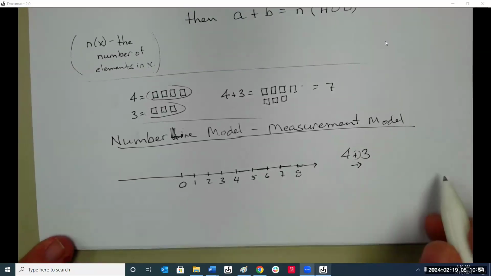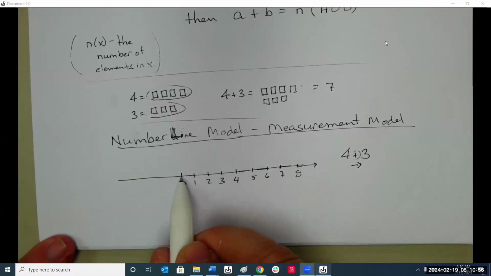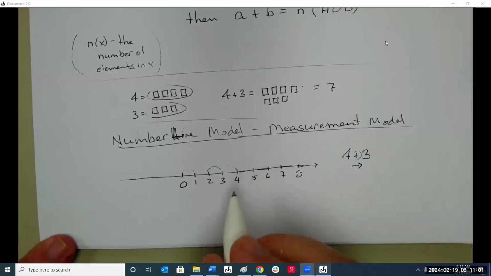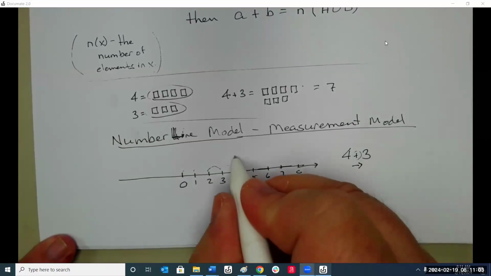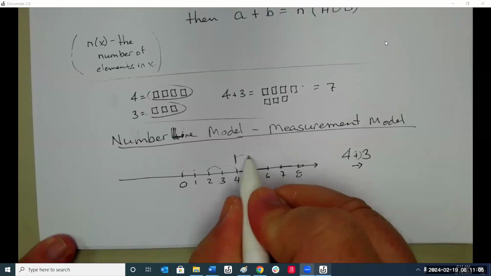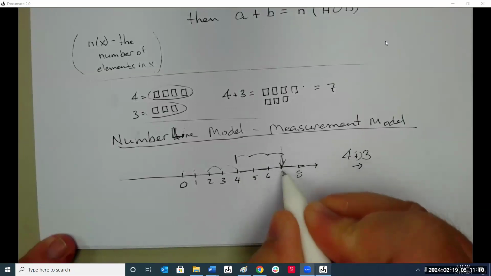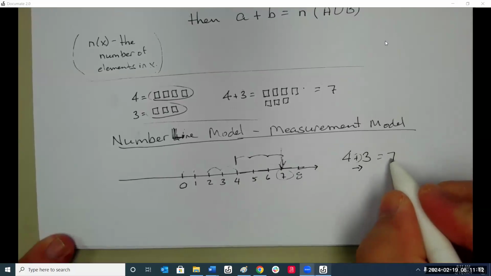We start at 0, go to 4, and then from 4, we add 3 more: 1, 2, 3. So the final answer is 7.